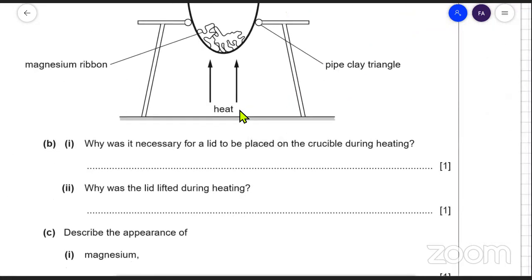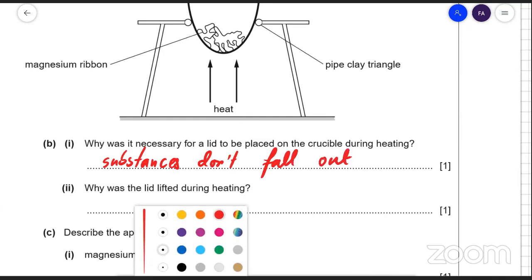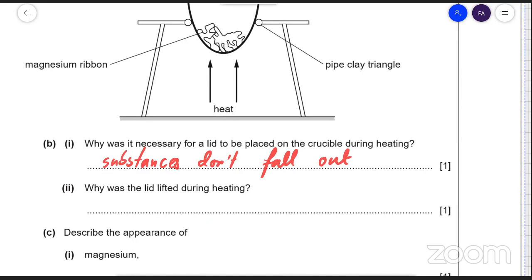So why was it necessary for a lid to be placed on the crucible during heating? So that the substance, which in this case is magnesium, doesn't fall out, because if it falls out of the container, then the mass is going to be different.